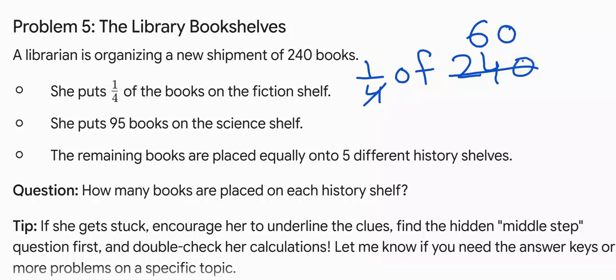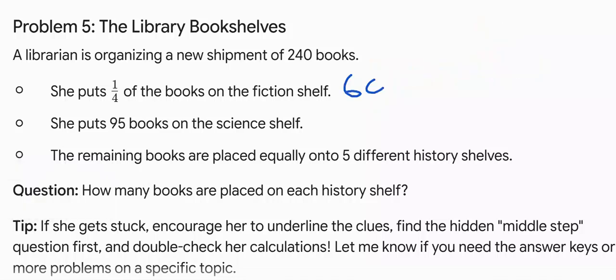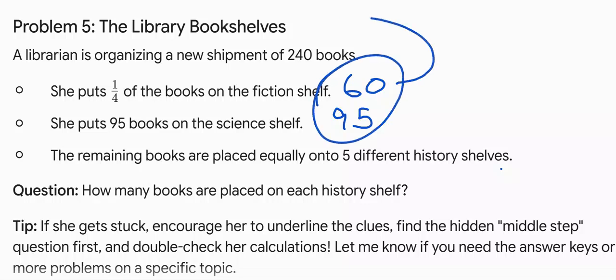It means she puts 60 books on the fiction shelf. She puts 95 books on the science shelf. Okay. And the remaining books are placed onto 5 different history shelves. Let's find out how many books were remaining. First, we will add these two and then we will subtract these books from 240.